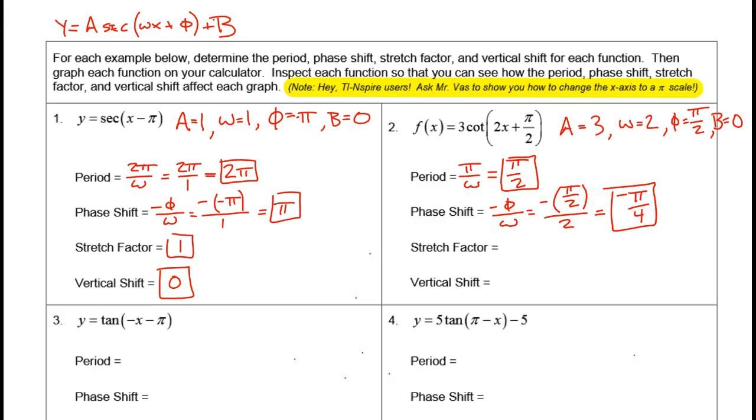So the graph of this function will be shifted to the left pi over 4 units from the parent graph of cotangent. Stretch factor in this one is 3. That's my a value, and we still have a vertical shift of 0. So let's go back to our TI Inspire and take a look at what this one looks like on the graph.